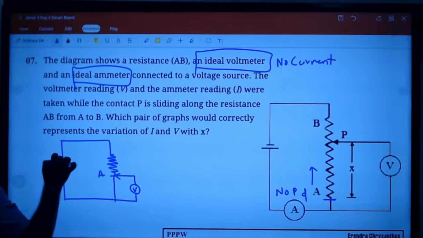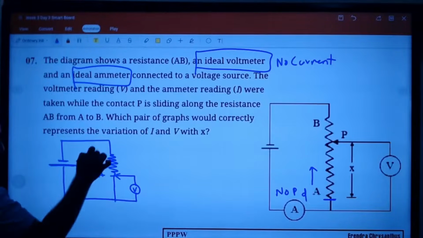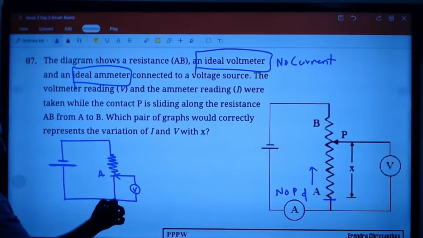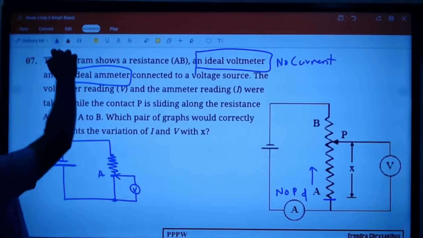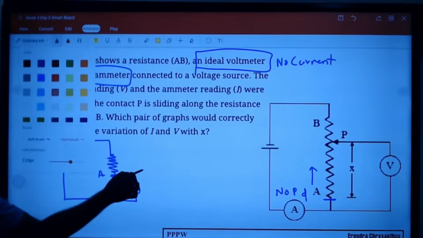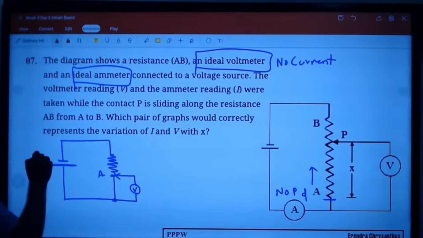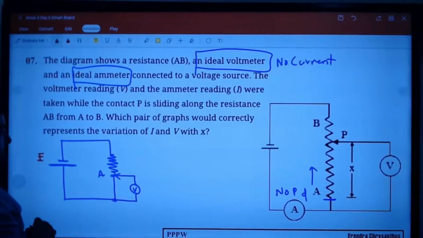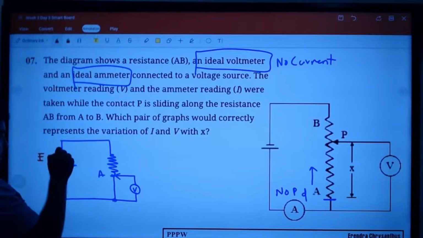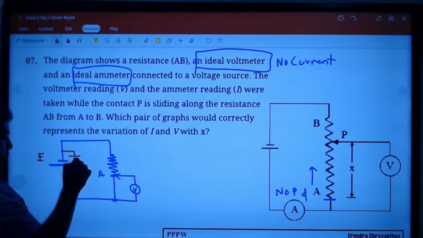The normal method is, if you ground this point here and this point there, the potential is the same. Let's name this E, and ground the negative terminal.